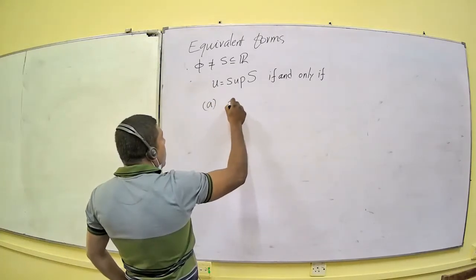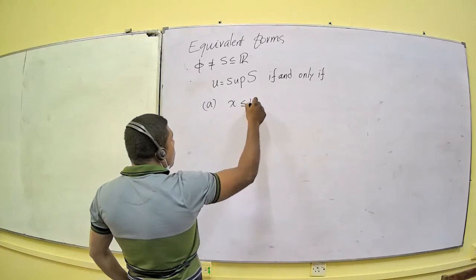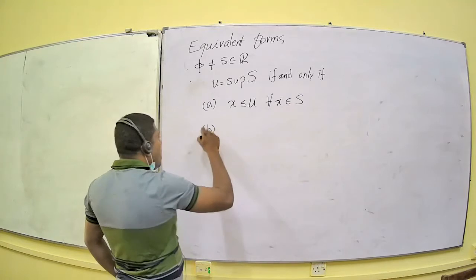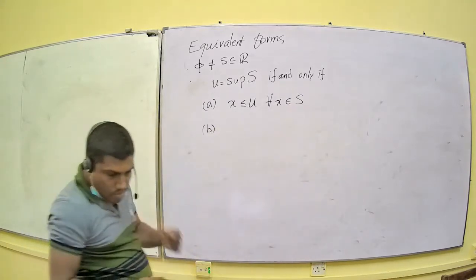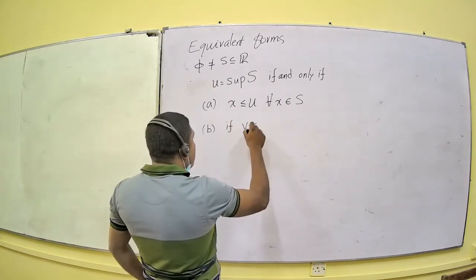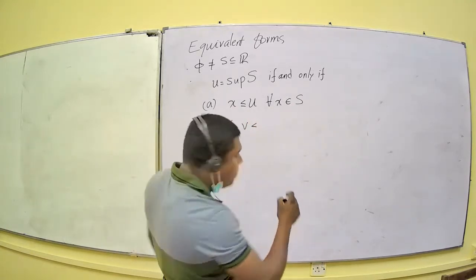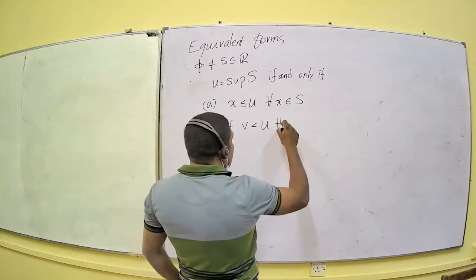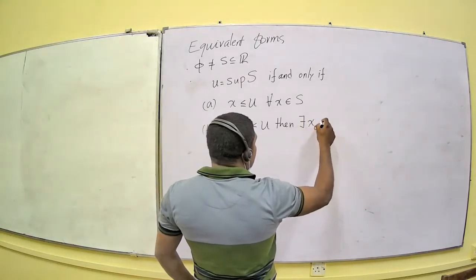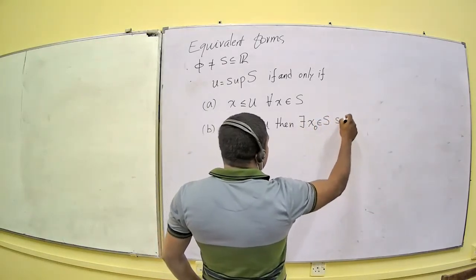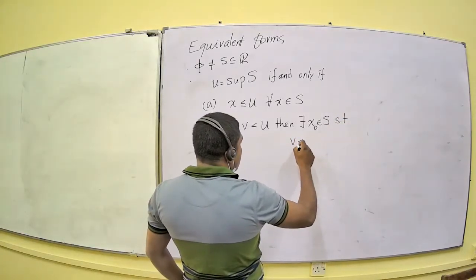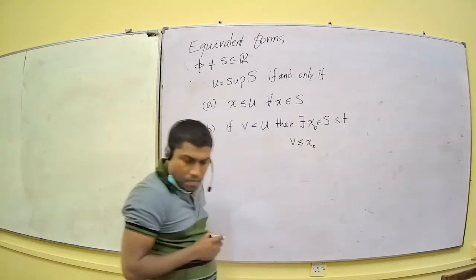If x is less than or equal to U for x in S, and if B is less than U, then there exists x naught belonging to S so that B is less than x naught.